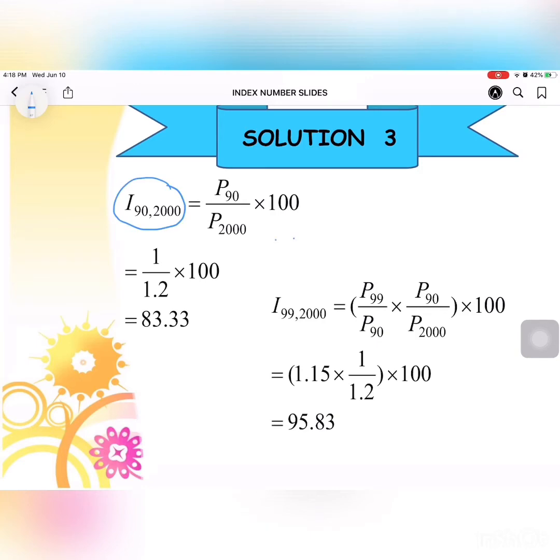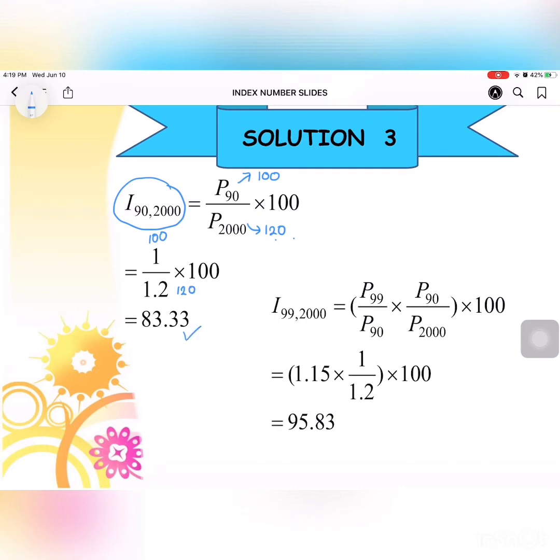As I mentioned earlier, in 1990 there's no increase or decrease for the prices, so it sticks to 100. For this one it increases to 120, that's why you get 1 over 1.2. It comes from 100 over 120 actually. Times 100, then you get 83.33.